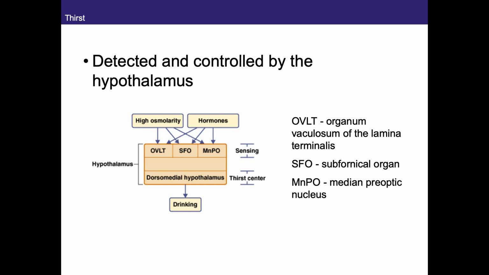This is one of the strongest physiologically driven behaviors on the planet. It drives a very strong drinking behavior, and you're going to get secretion of vasopressin from the posterior pituitary. Okay?